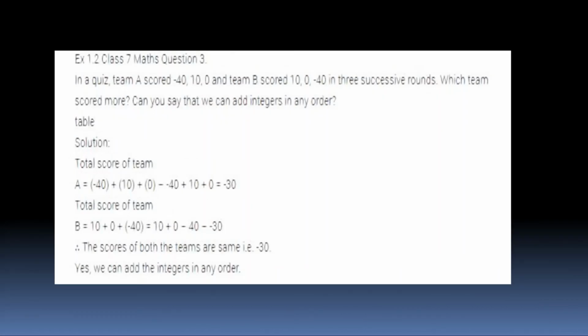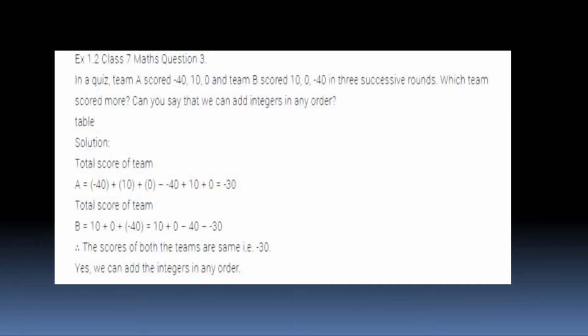Moving to question number 3, in a quiz, team A scored -40, 10, 0 and team B scored 10, 0 and -40 in 3 successive rounds. Which team scored more, and can you say we can add integers in any order?